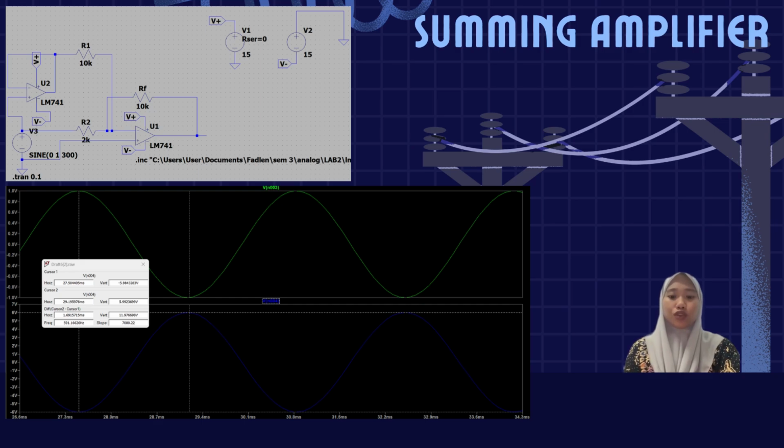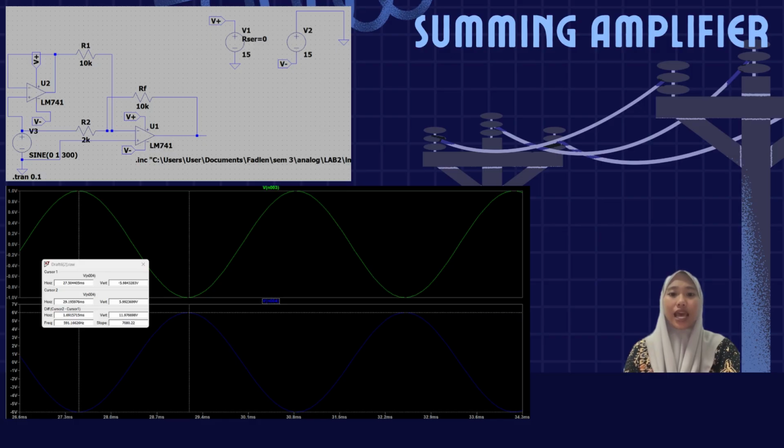Next, we move to the summing amplifier. We use an op-amp, and it is designed to add multiple input voltages together. The input voltages, labeled V1 and V2, are applied through separate resistors, which are R1 and R2.